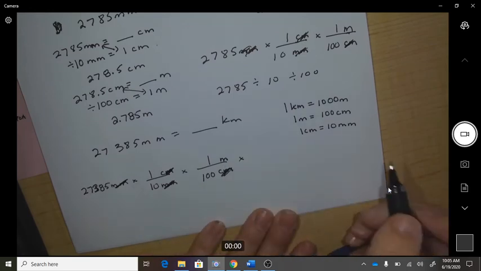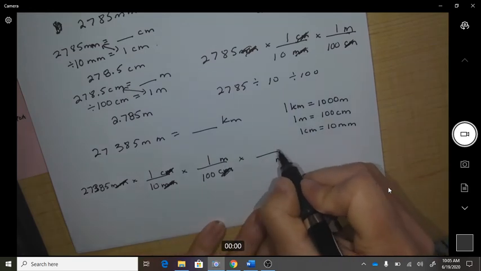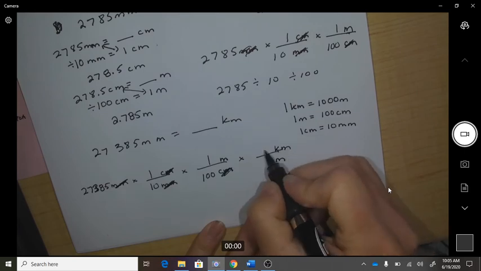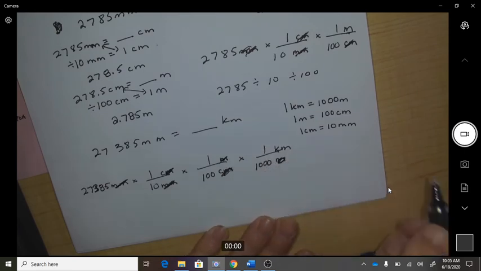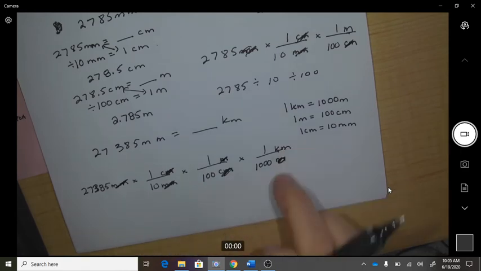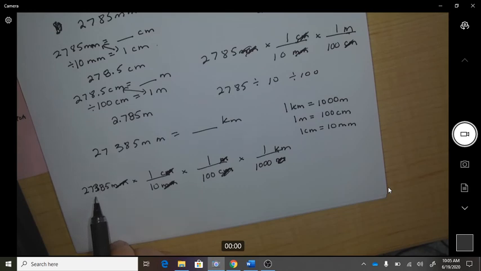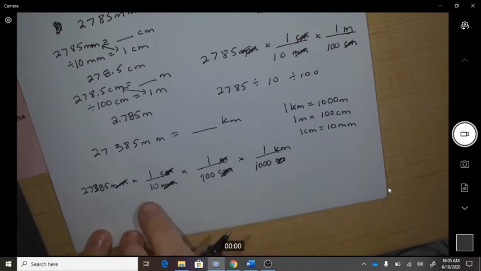Now I'm in meters, so I want to get rid of meters and end up in kilometers. 1 kilometer is 1,000 meters. There. All my units are crossed off. I'm in kilometers. So I have to do this number divided by 10, divided by 100, divided by 1,000. So I'm moving 1, 2, 3, 4, 5, 6 decimal places.